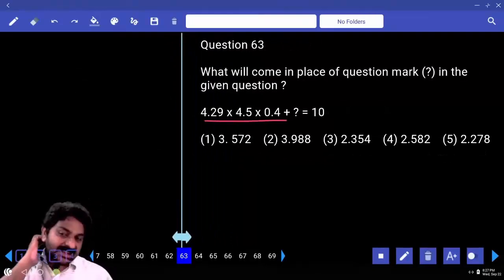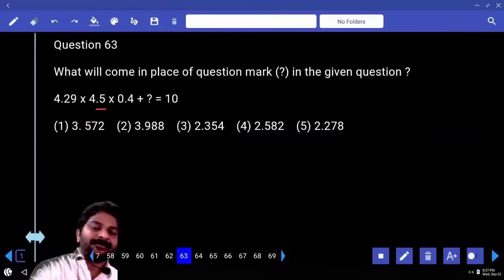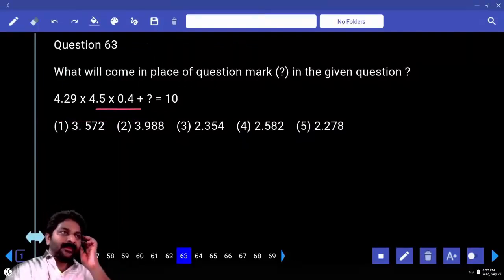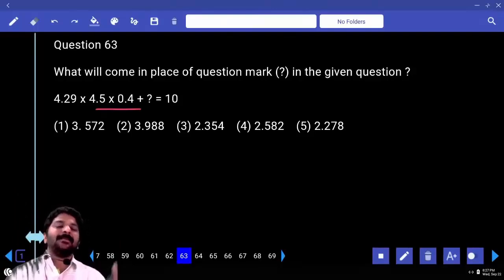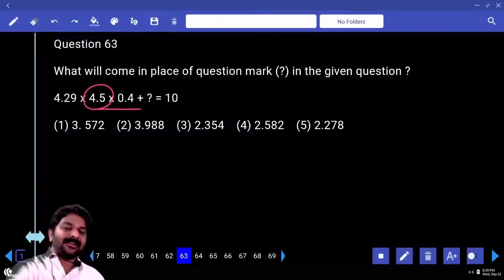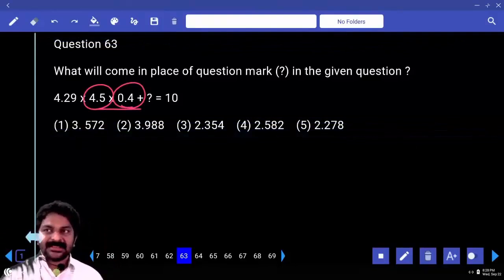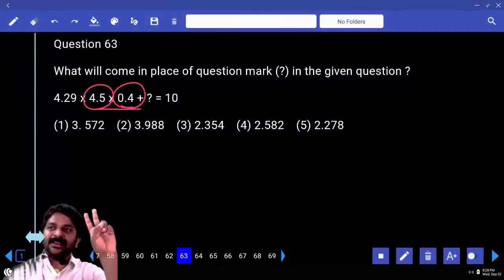Next. This number goes to the right hand side, and from 10 we have to subtract it, correct? Right, forget about the decimal for some time. 45 into 4, 45 double only? 45 double, 90 double, 180. Now consider the decimal. Here in 4.5 we have 1 digit after the decimal and in 0.4 1 digit after the decimal. So finally after multiplication we should get 2 digits after the decimal.